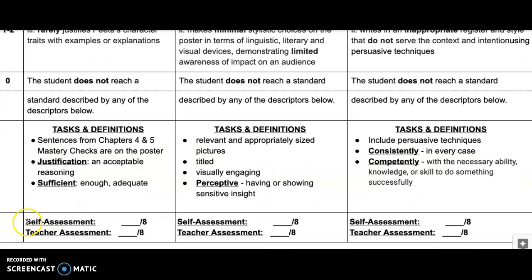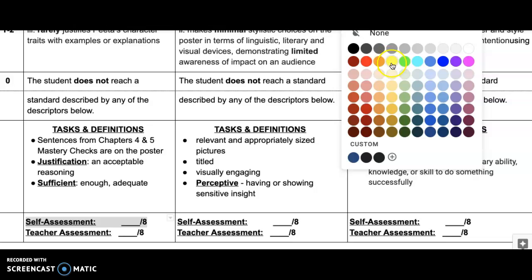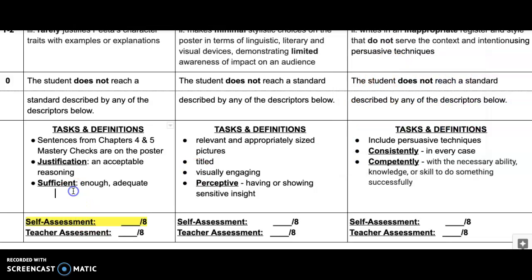I also want you to highlight at the bottom where it says self-assessment, because I want you to give yourself an assessment. If you think you earned a 5, 6 or a 7, 8, or if you have it low, maybe you want to go back to your summative and improve it if you are getting below a 7, 8, or definitely below a 5, 6.